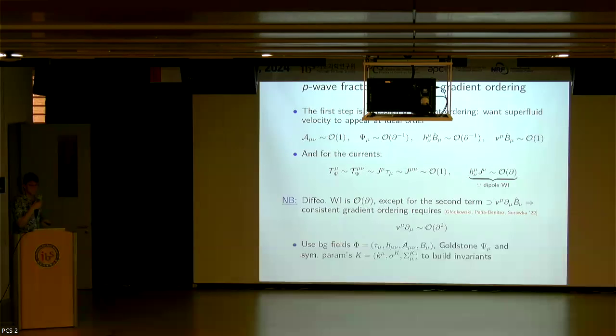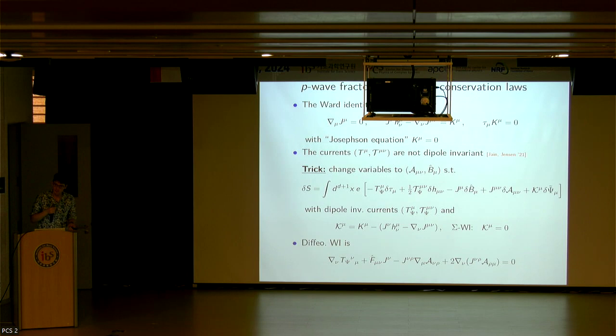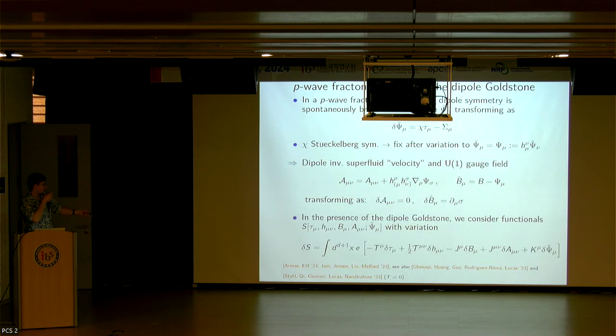Sorry, can I ask a question? Of course. When you use these new dipole invariant combinations, the Josephson relation is now curly k equals 0 or normal k equals 0? Well, the dipole equation of motion doesn't change, so that's still this non-curly k. Okay, so they're completely equivalent pictures.